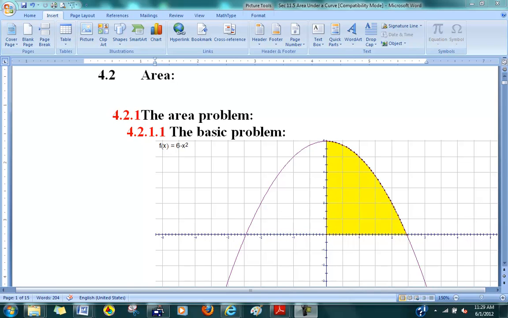So the area problem, sorry? Why is it taking so long? What's going on here?